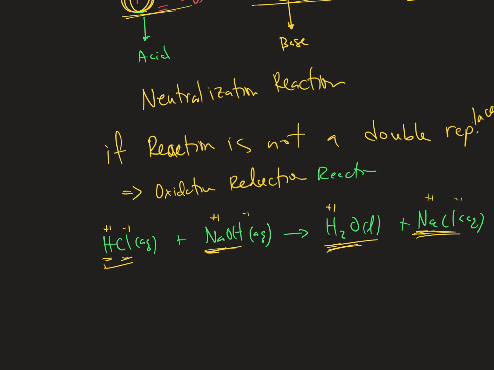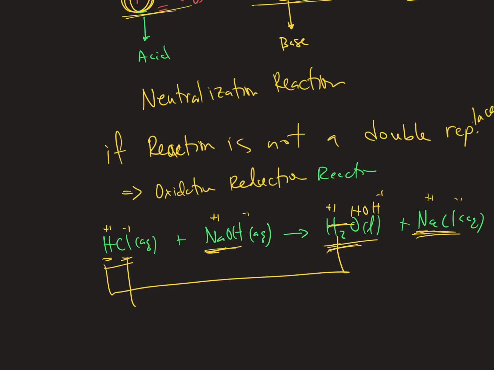What happens to the hydrogen? We can look at this as HOH. It's not an ionic compound, but okay. Nothing happens. It doesn't gain or lose. It stays the same. You with me?